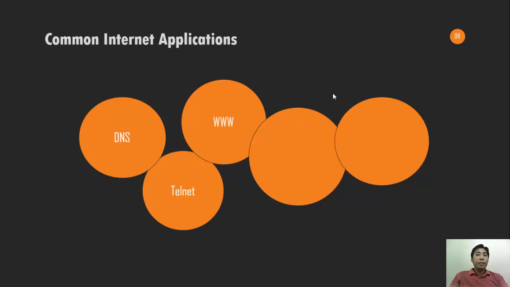The application layer is the seventh layer of the OSI and the only one that directly interacts with the end user. The application layer provides many services including DNS, Telnet, World Wide Web, FTP, and email.